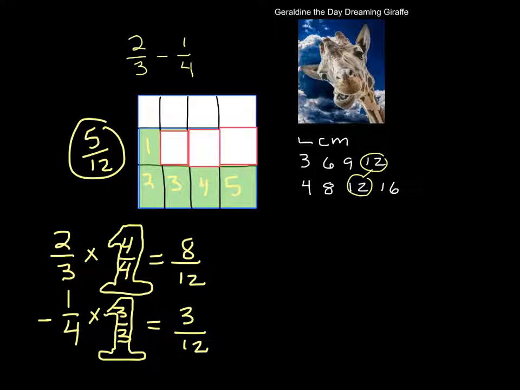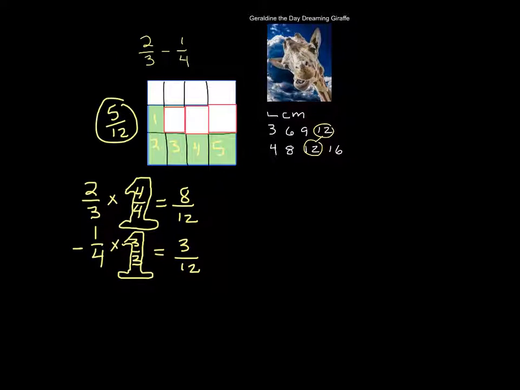Well, let's go ahead and look at how the algorithm works here then. So I'm going to subtract these numbers right here. So the rule with subtracting fractions, first rule is they have to have common denominators, which we have. They're both 12ths. And then I'm simply going to take 8 minus 3, which will give me 5/12, right?